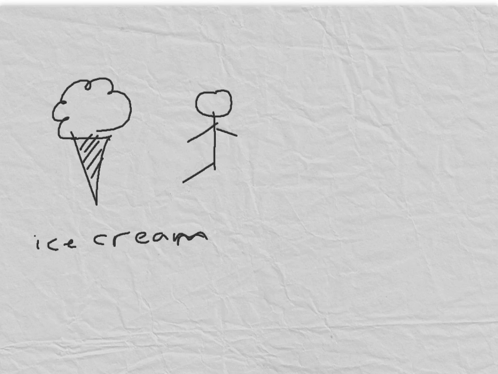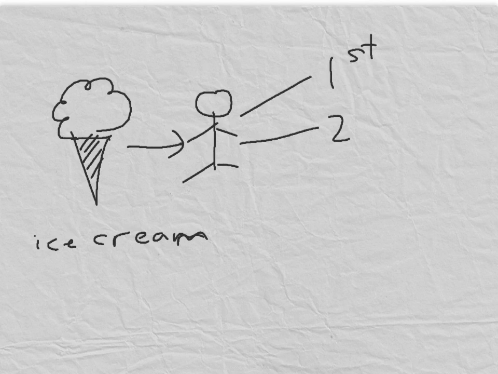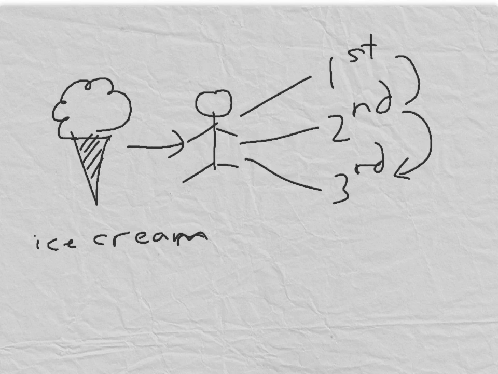If I buy an ice cream, then I get some pleasure from the first ice cream that I eat. But the second one may give me slightly less pleasure. The third one may give me less pleasure than the second. And by the time I have my fourth ice cream, it may not give me much pleasure at all. In fact, it may make me feel a little bit sick.